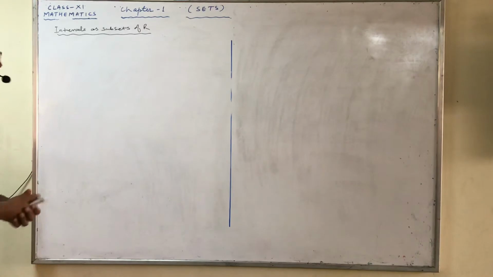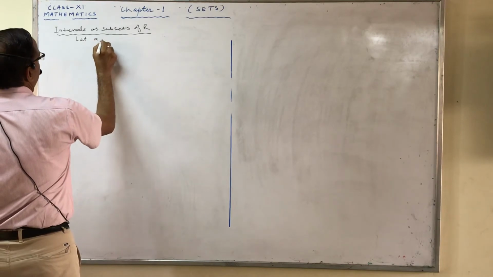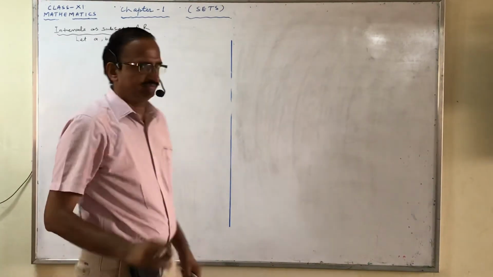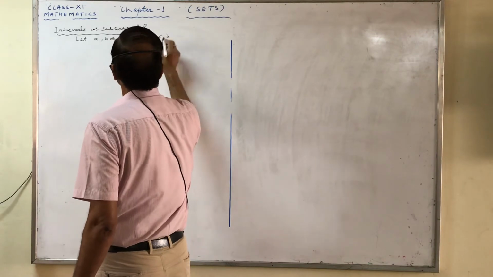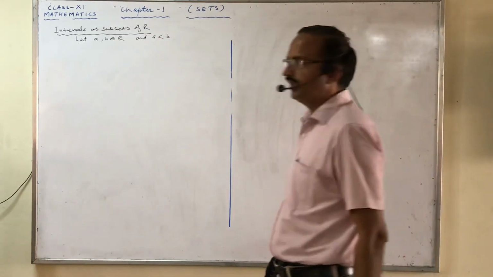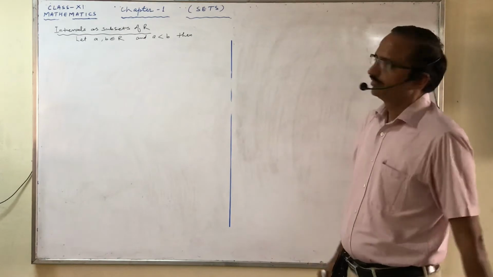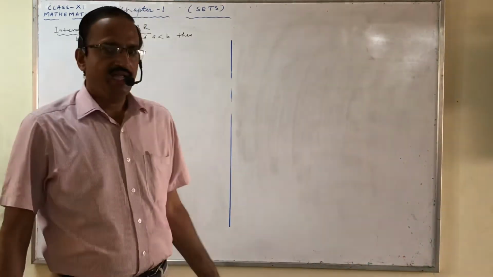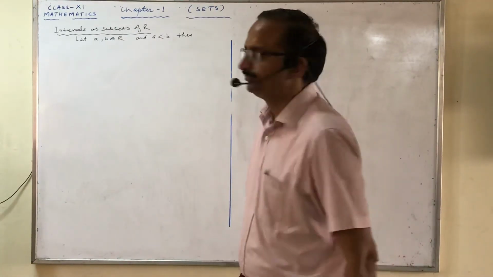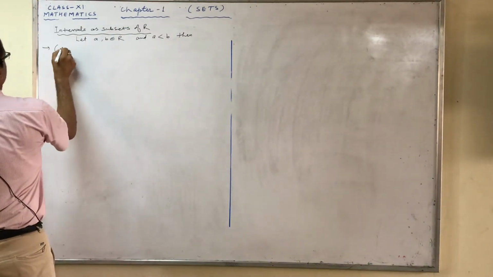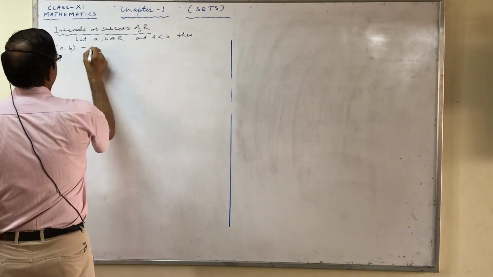Okay children, let A and B belong to real numbers, and A is less than B. Suppose A and B are any two real numbers and A is smaller than B. Then this type of set is called open interval.